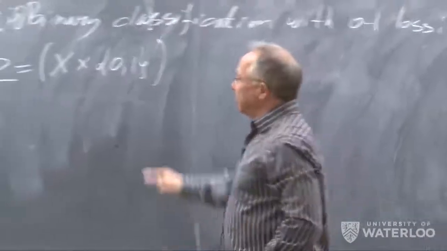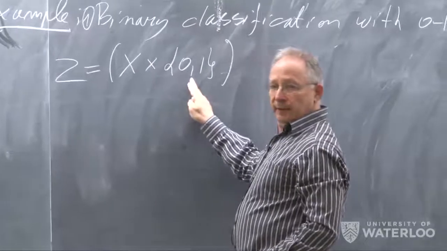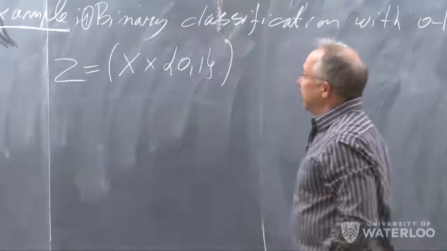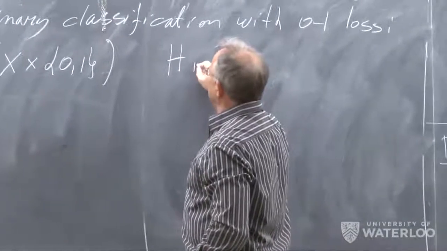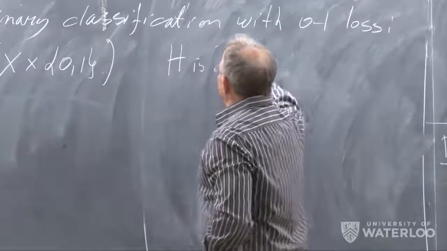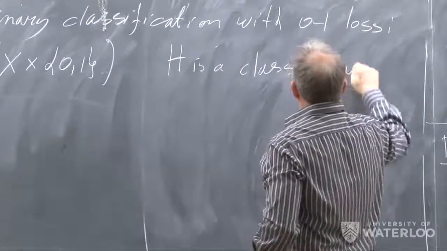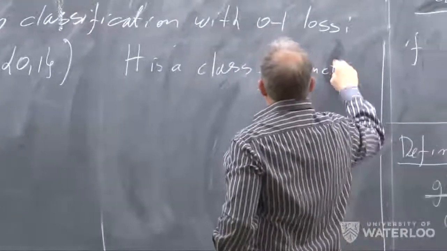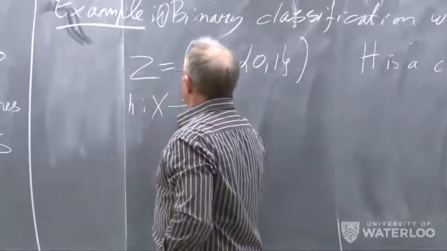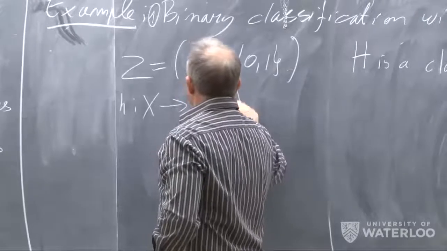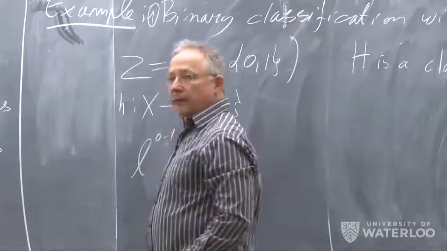So small z is each time a point and a label. And H is a class of functions, each h going from X to {0,1}. And finally, L, the 0-1 loss, L_{0-1}.